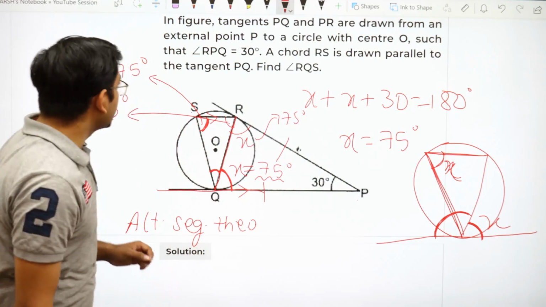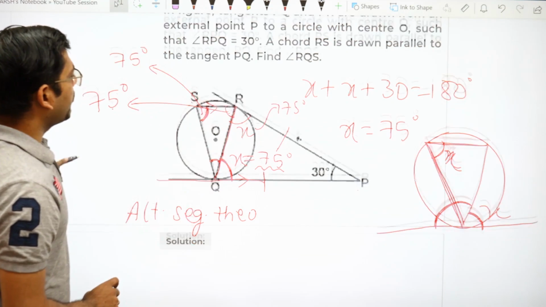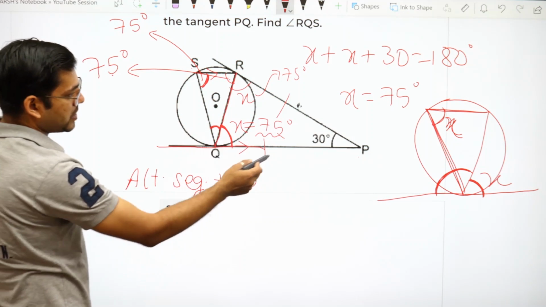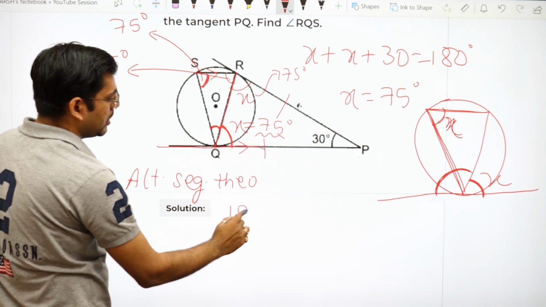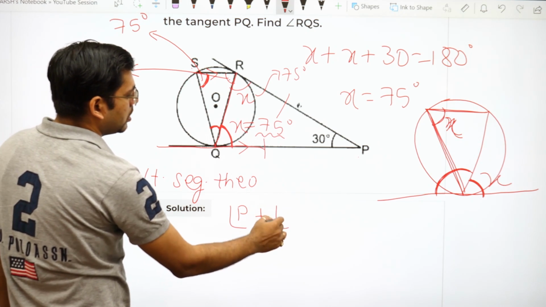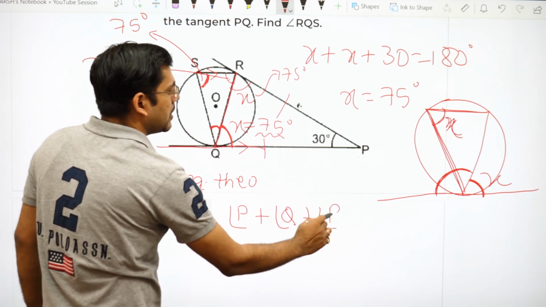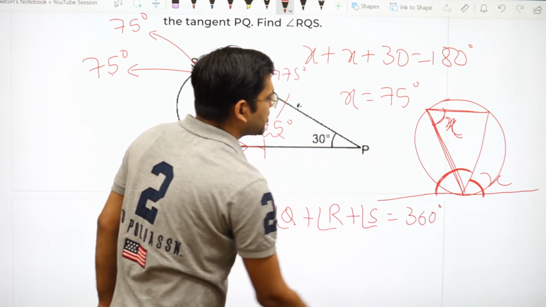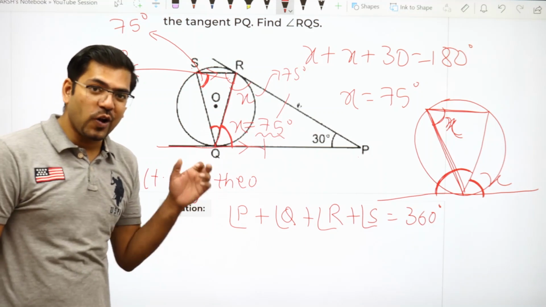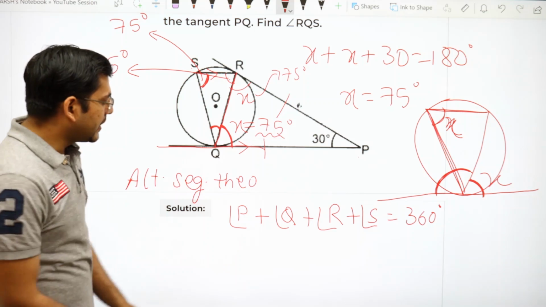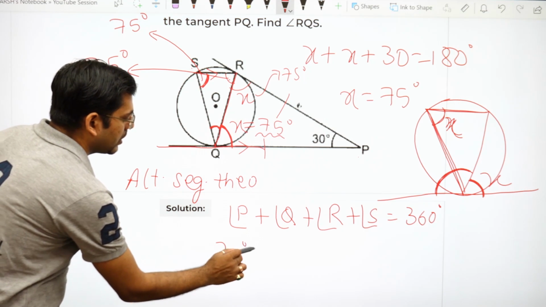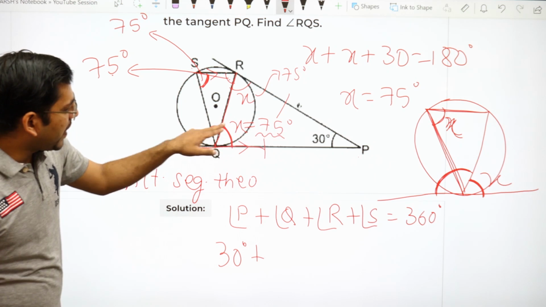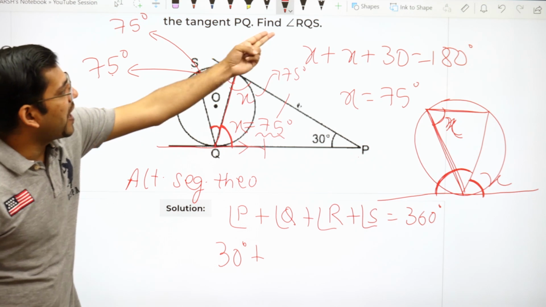So what I will be doing, simply I will write what we have got and what we need to find. Pay attention, I'll write angle P plus Q plus R plus S, all of them should be equal to 360 degree because they are the angles of a quadrilateral. Now write the value of P, that is 30 degree, plus for Q, you have two angles, 75 degree and angle RQS, which we have to find.